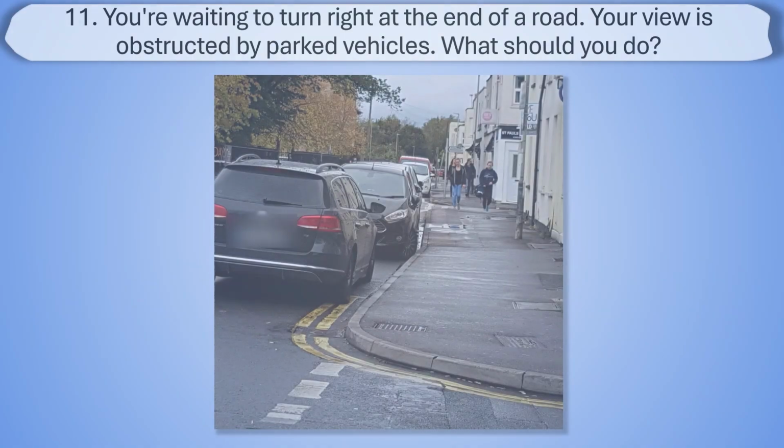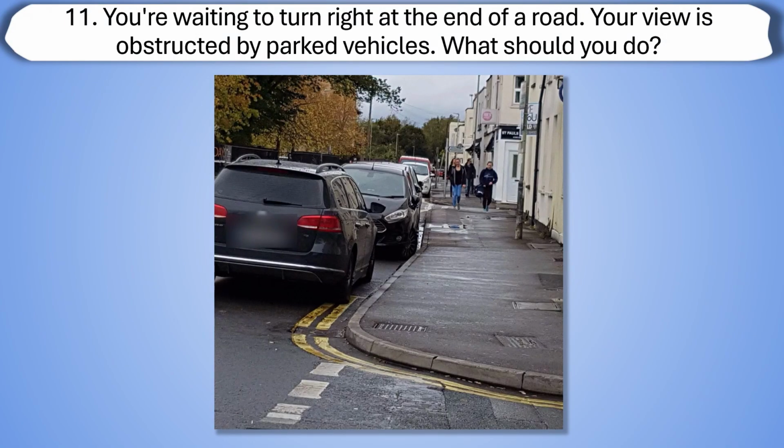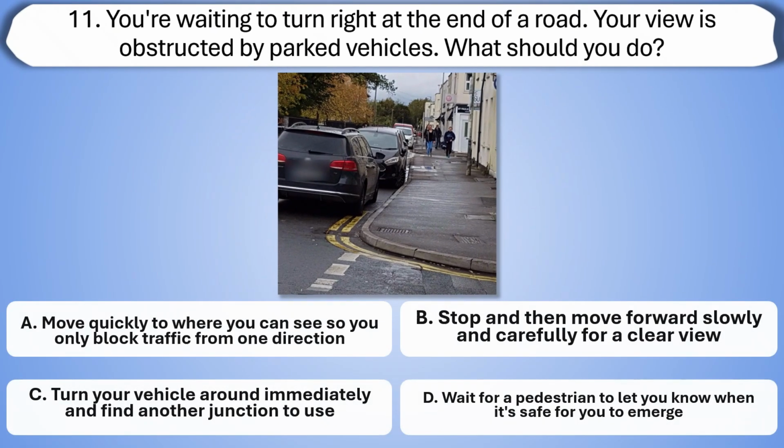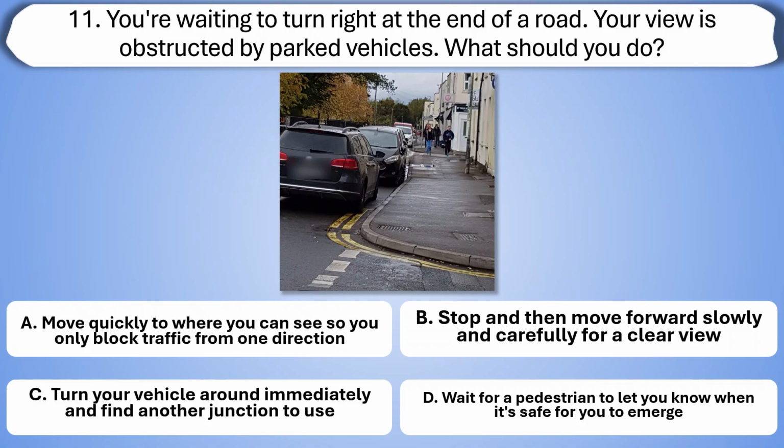11. You're waiting to turn right at the end of a road. Your view is obstructed by parked vehicles. What should you do? A. Move quickly to where you can see so you only block traffic from one direction. B. Stop and then move forward slowly and carefully for a clear view.